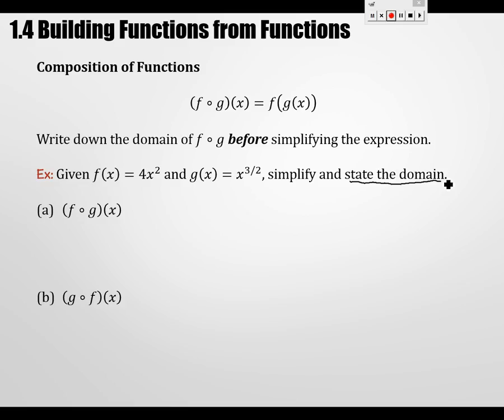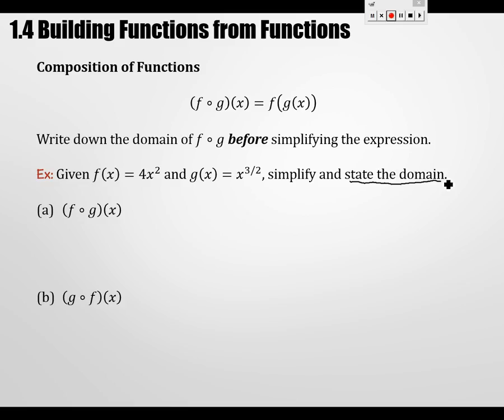So if f and g are you washing and drying your clothes, which one's the washing machine? Which one's the drying machine? Yeah, which one's the washer? G better be the washer, right? It doesn't make sense to dry before you wash.